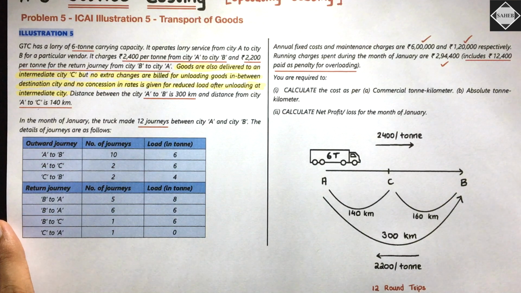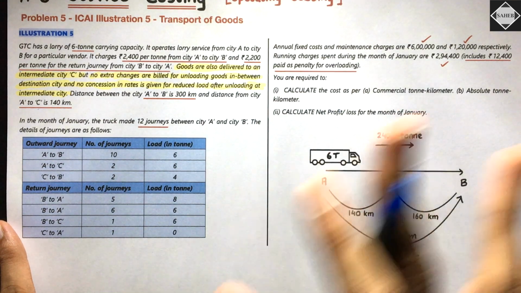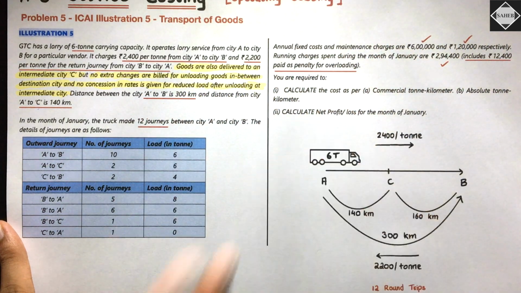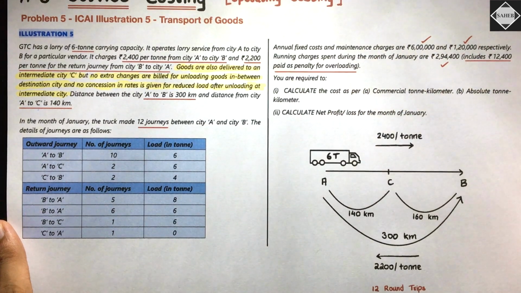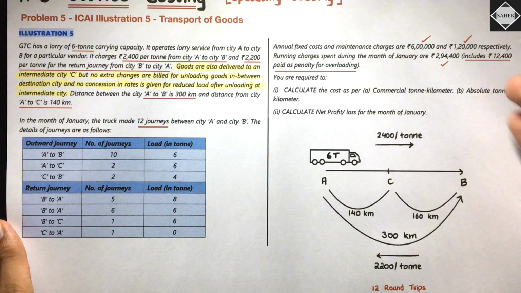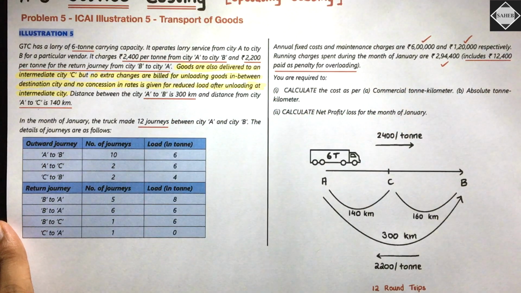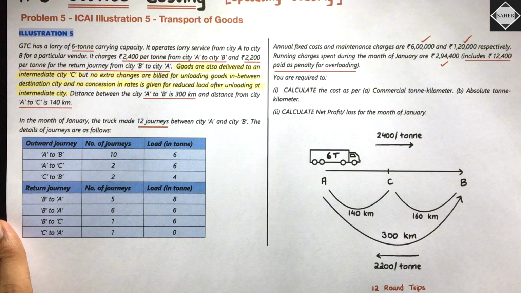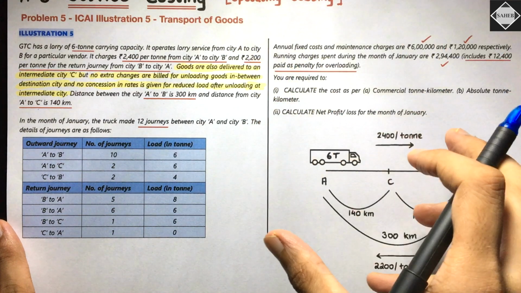It's not a normal loss, it's an abnormal loss. It can't become part of our operating cost. It can't become part of our cost per unit. So that is why we have to exclude it from operating cost. But what they have done in running charges, they have included it. So what will we do? We will subtract and remove it. Is it clear? Yeah, that's what we will do in the operating cost sheet.